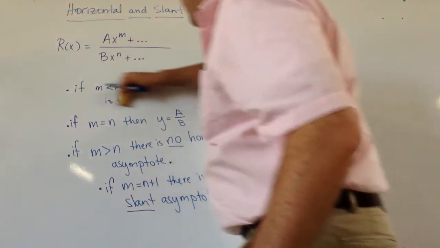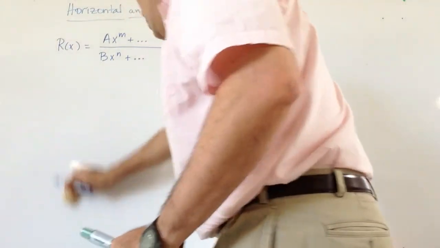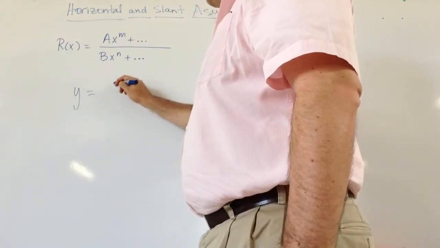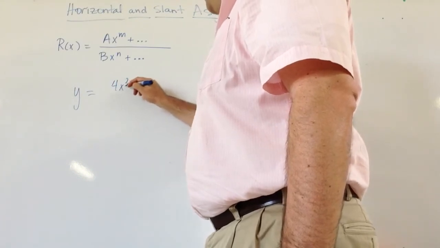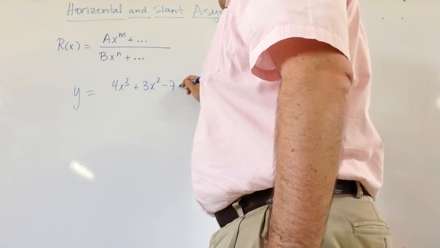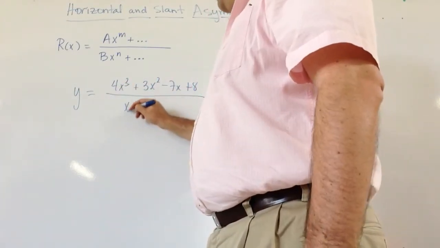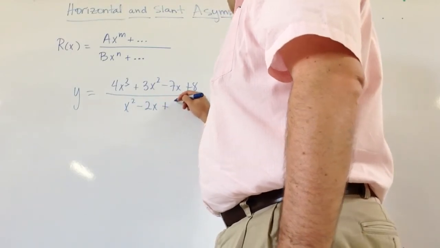Let's say we have y equals 4x cubed plus 3x squared minus 7x plus 8 over x squared minus 2x plus 5.